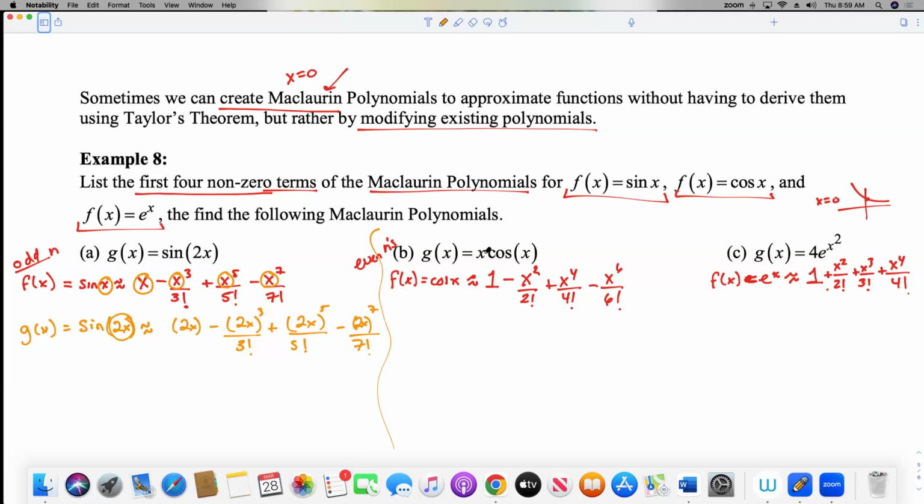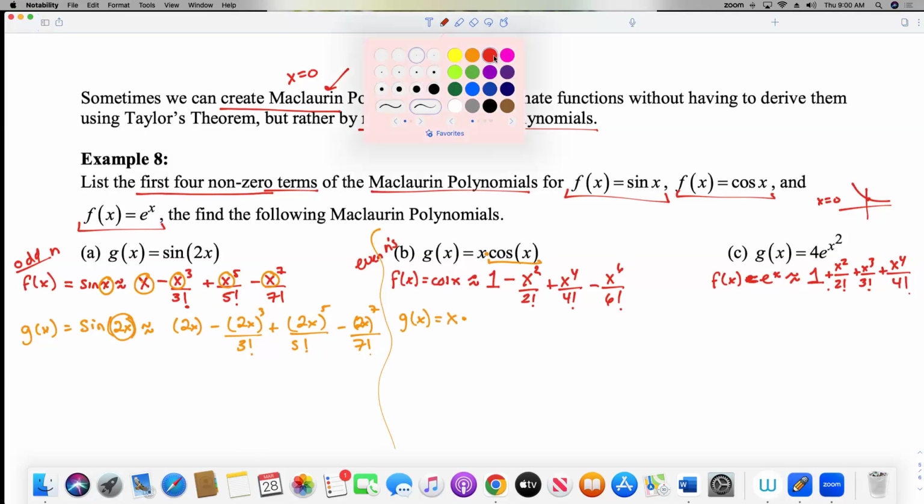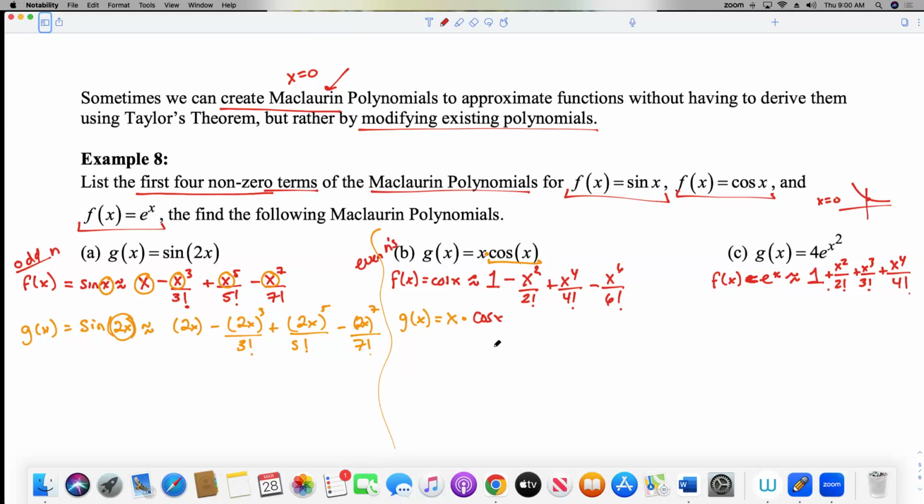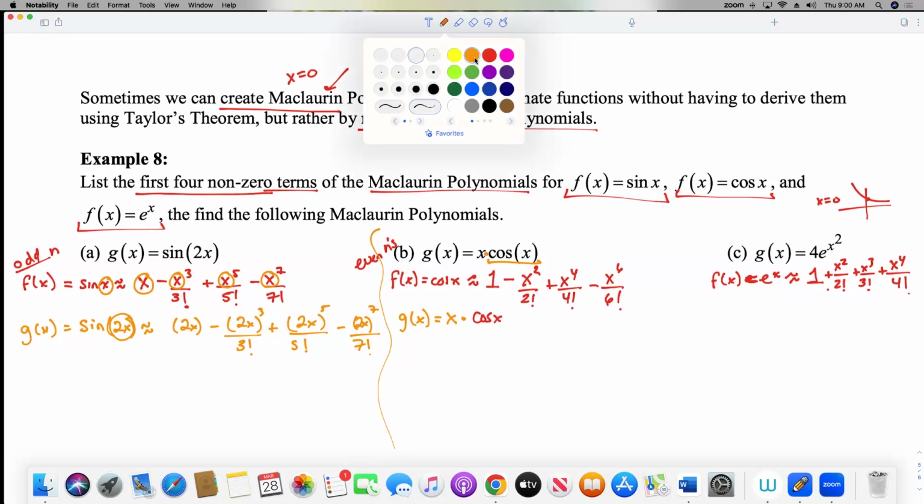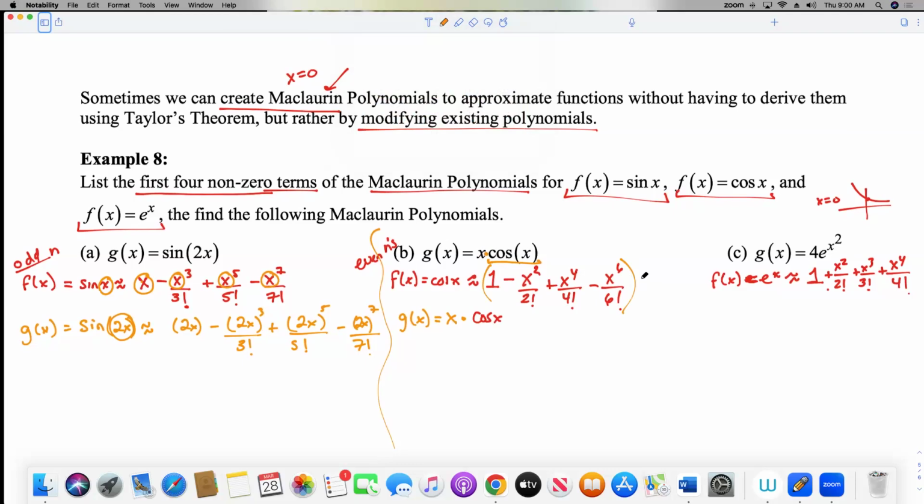Now this one is basically saying multiply cosine of x by x. So all we want to do to get our g of x, which is x times cosine of x, is we're literally just going to multiply all of this by x.